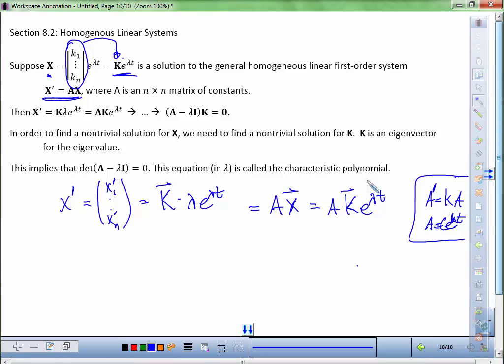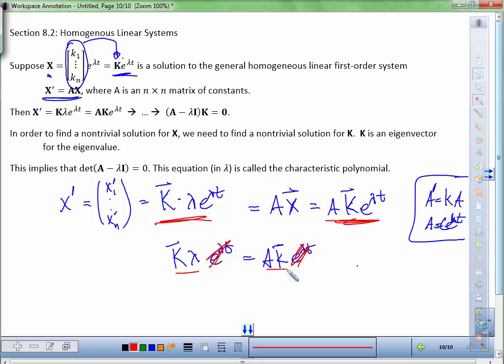Right? And so what we do is we pull from these two expressions and get rid of the e to the lambda t. So K lambda e to the lambda t equals A K e to the lambda t. Get rid of the e to the lambda t's.